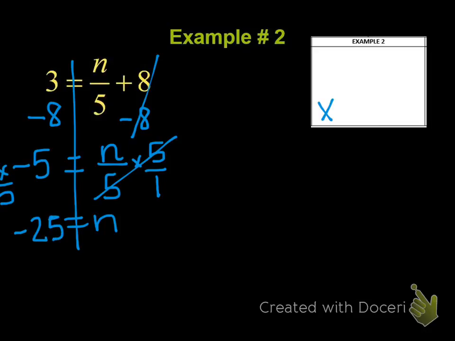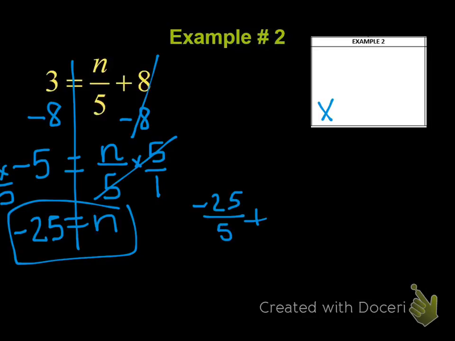So if I check my work here, I have negative 25 divided by 5 plus 8. That needs to be able to give me 3. Well, negative 25 divided by 5 is negative 5, plus 8 is positive 3. So I know that I am correct.